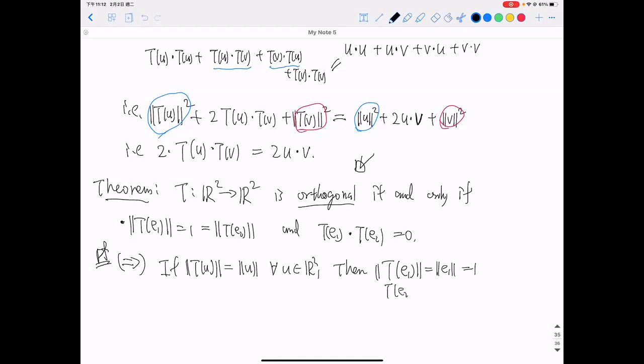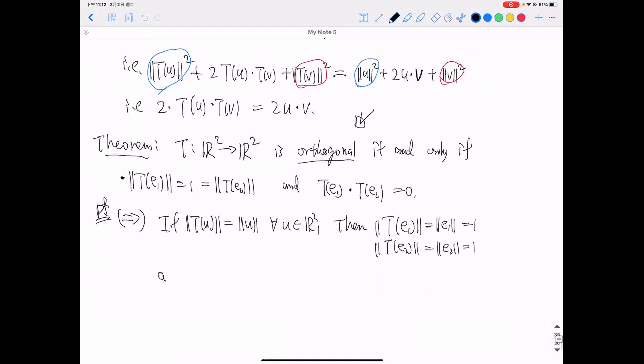T of e2 has the length of e2, which is also 1. And as the previous theorem showed, T of e1 dot T of e2 should equal e1 dot e2, which is 0. Okay, that's good.